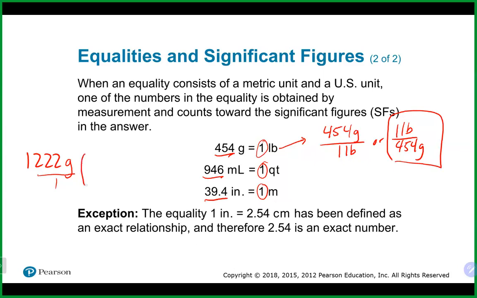We will set it up and do our 454 grams per 1 pound. We'll put that in basically 1,222 times 1 and then divide it by 454, going to give us an answer where our grams will cancel.